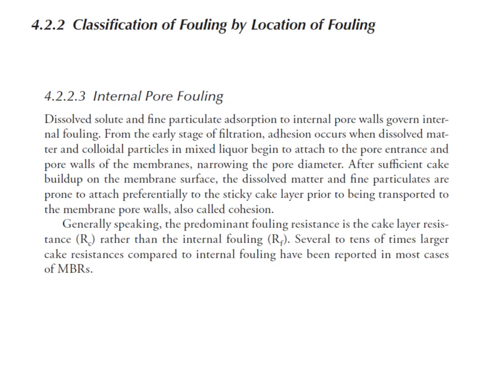So the first one is internal fouling, and in this case the foulants, which are smaller than the pore size, can penetrate inside these pore structures, and it can narrow down the pores of the membranes, and that is the problem of this internal fouling.